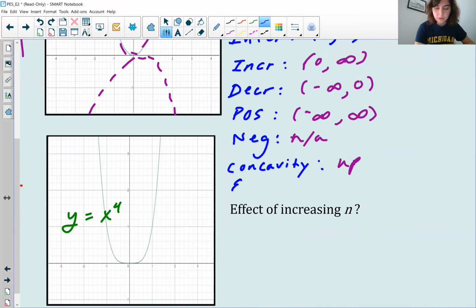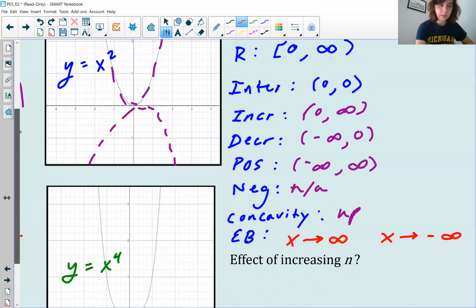Now, the last thing we want to look at is end behavior. And that's what's happening to the y values as the x values go to either infinity. So we want to see what the y values do when x goes to infinity, and then also what the y values do when x goes to negative infinity.